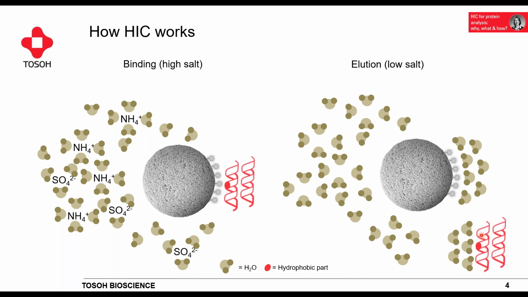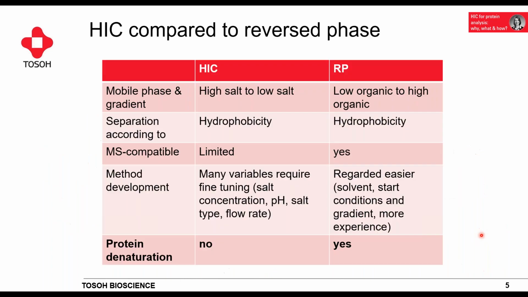Now, one question we very often get, in particular from researchers that worked a lot with small molecules or reversed phase, is why do I actually need hydrophobic interaction chromatography? Because I know a method, reversed phase, that also separates my molecules by hydrophobicity, but I have more experience with it.